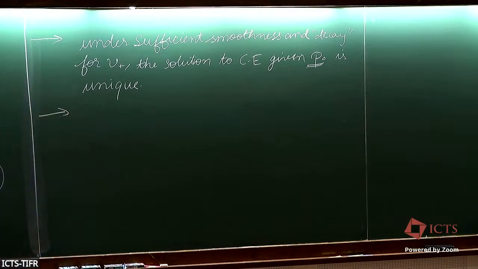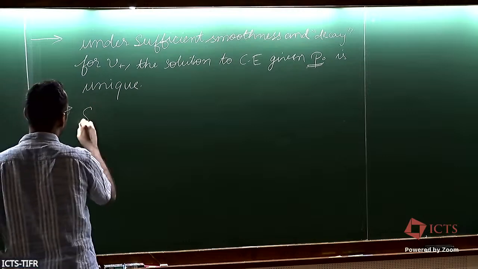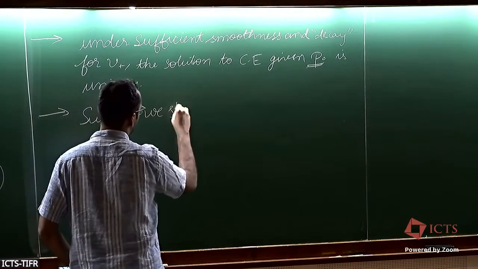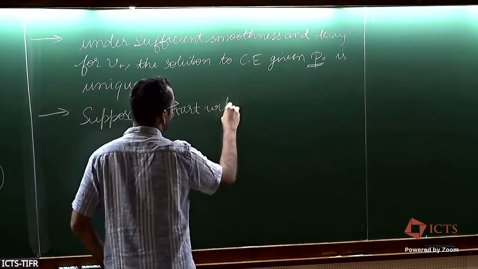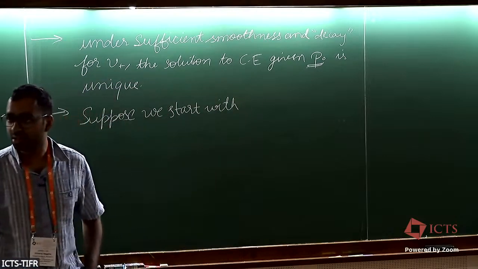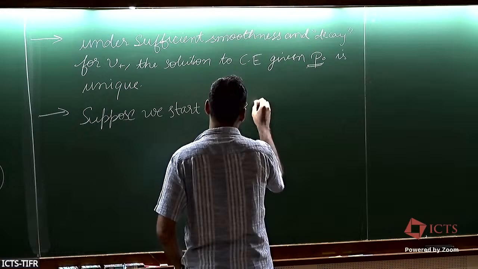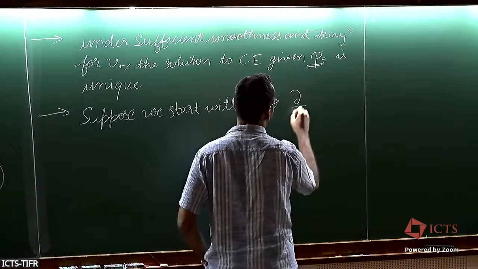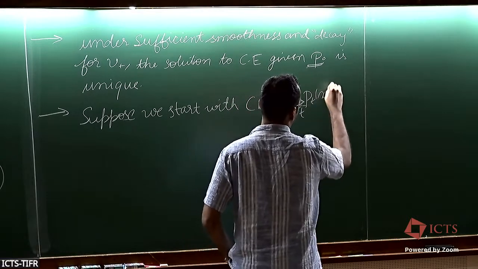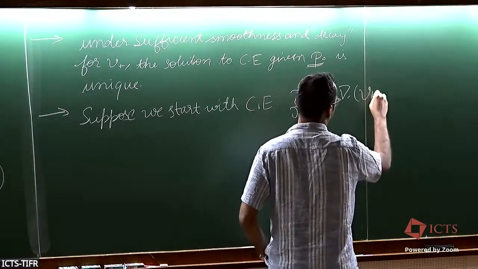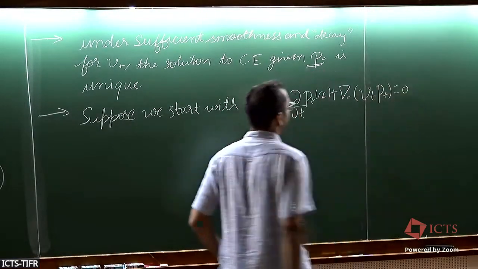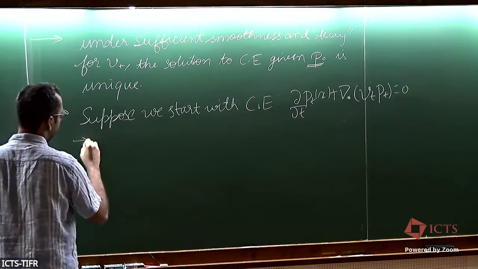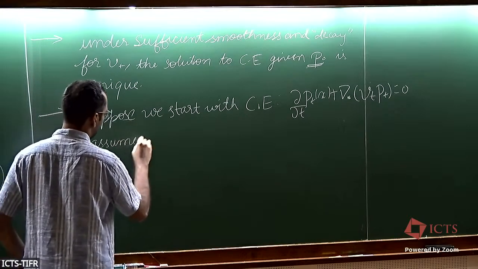Okay, the second thing is that suppose we start with the continuity equation. We started with the ODE last time and derived the continuity equation. Okay, and assume a sufficiently nice behaved velocity field.